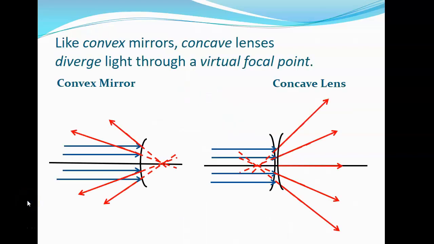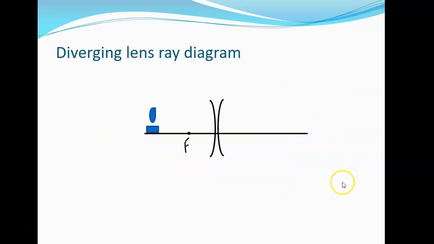Let's look at concave lenses. They behave similarly to convex mirrors. Both tend to diverge the light, send it in all directions, as if it had come from a virtual focal point. So let's do a diverging lens ray diagram. If you'd like, again, you can try this on your own and then come back and check your work.